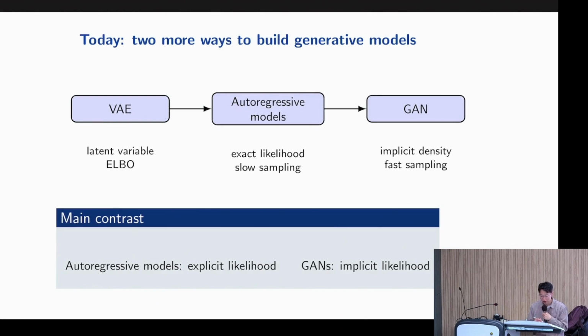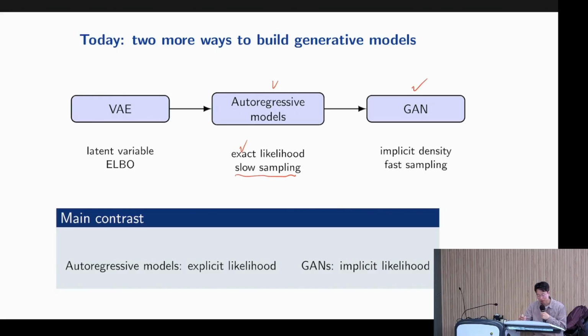So today we'll talk about autoregressive models that exactly maximize the likelihood, but have a very slow sampling procedure. And exact because we're going to model our generative process that way.